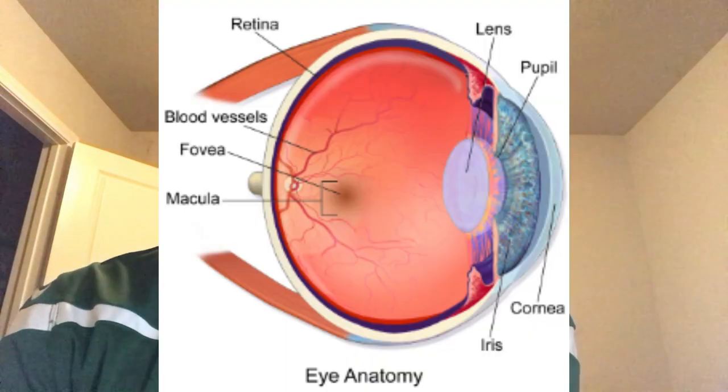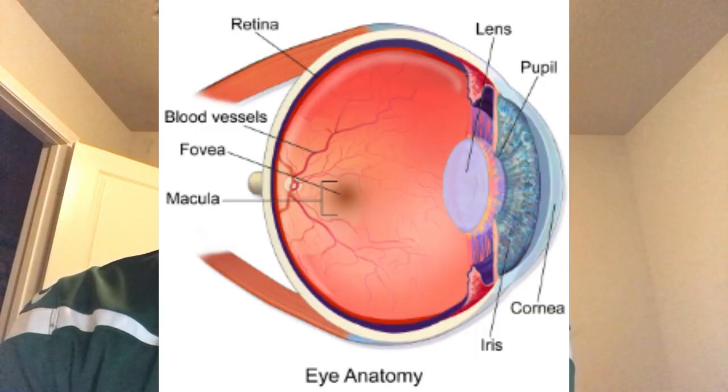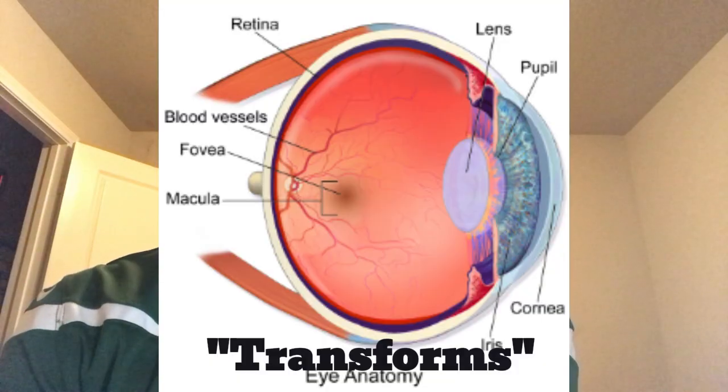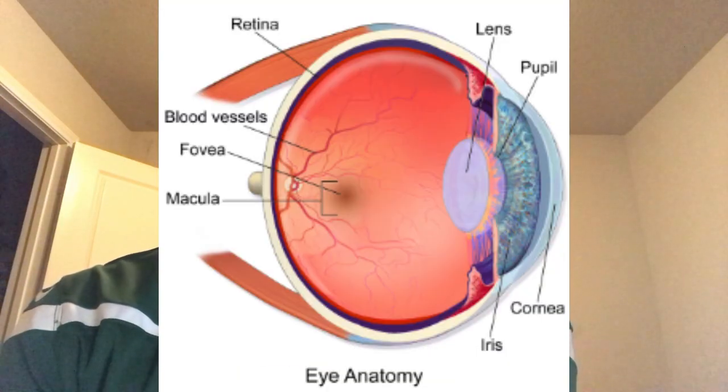Now, before I explain what macular degeneration is, I think it's important that you understand what the macula does. The macula is located at the center of the retina at the back of the eye. And just like the retina, the macula translates the light entering the eye into visual image via the optic nerve.